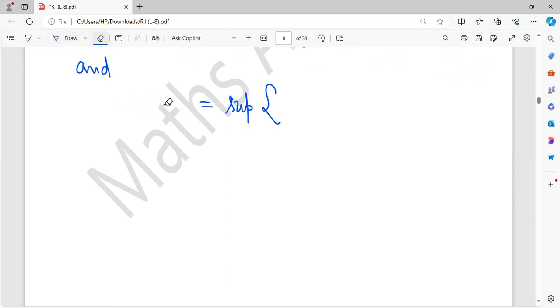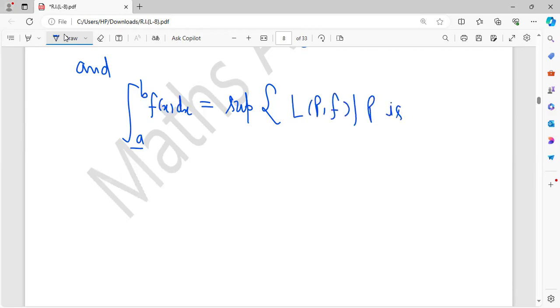I want to write here lower integral. Somehow it is being mistaken. The lower integral from a to b is the supremum of L(P, f), where P is a partition of the closed interval [a, b].